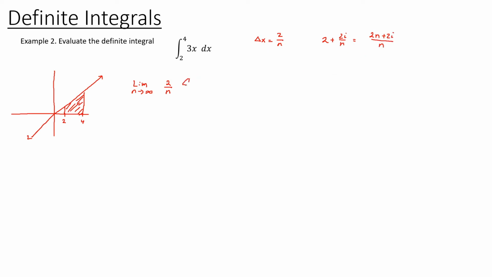So now we have sigma of i equal to 1 to n of f of (2n plus 2i) over n. Don't forget our f of x is 3x. So it's the limit as n approaches infinity of 2 over n, sigma of i equal to 1 to n, of 3 times (2n plus 2i) over n.